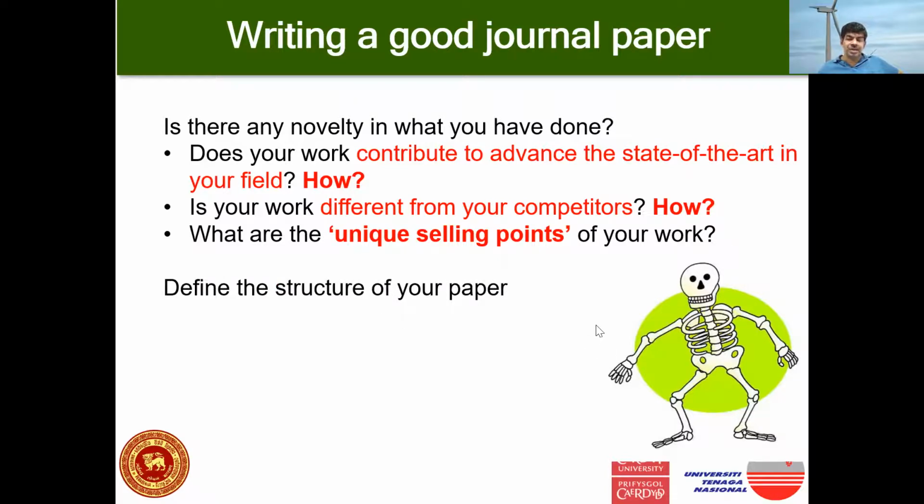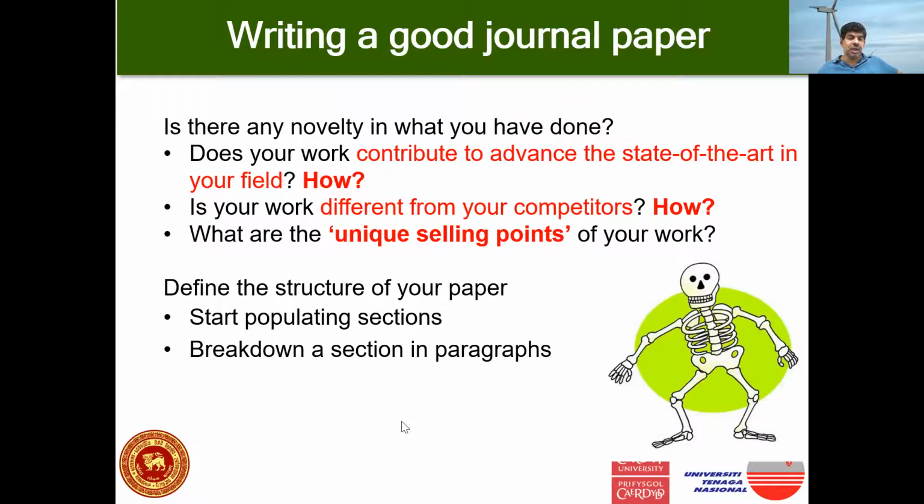And you define the structure. Don't put the flesh initially. So you define the structure by first populating different sections, then using breakdowns of sections and paragraphs, and finally you can add flesh into it, and always remember who your audience is when you are writing.